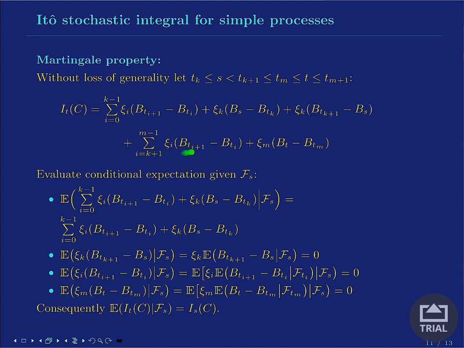Similarly, all these terms here vanish as well, as if we take the mean of xi times this increment, we simply replace the mean by the mean of the conditional mean given time ti, and in that case xi becomes ti-measurable, therefore can be put out, and we are left with the conditional expectation of this increment given the information we have at time ti.